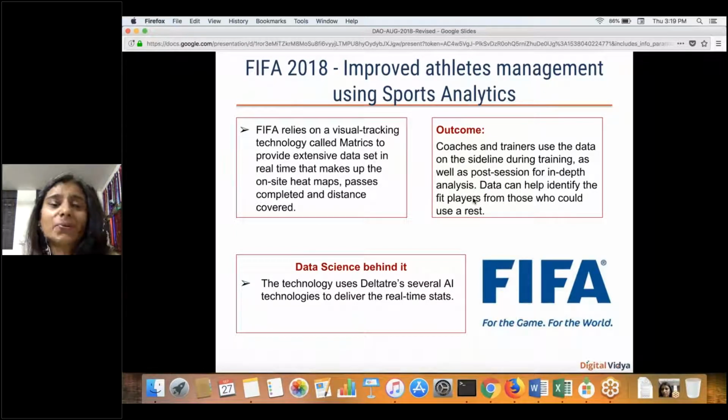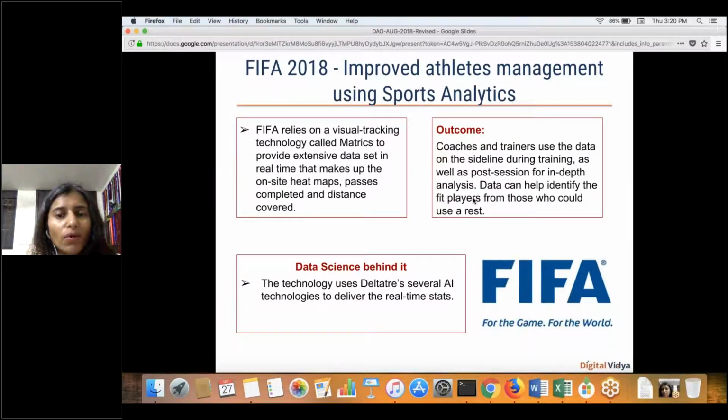Now, this example where I'm talking about FIFA is slightly different. It's not about predicting, but about enabling very, very deep analysis of a game. Otherwise, as you can imagine, you've seen that coaches and trainers sit down, watch replays, and strategize. But while watching that fast game, you're still not able to capture as much information very clearly.